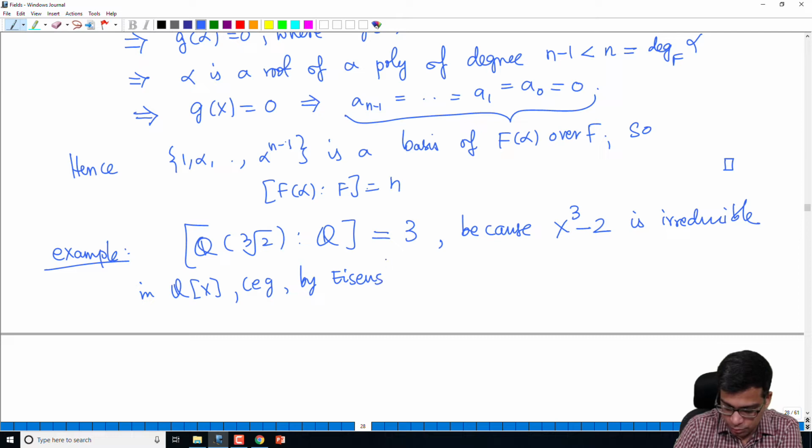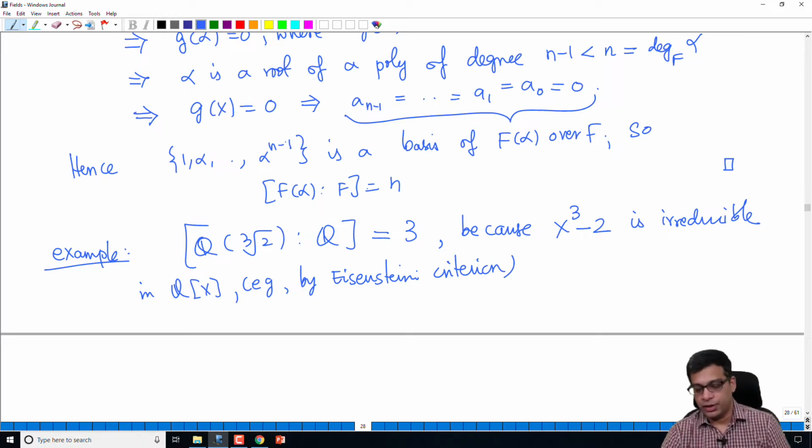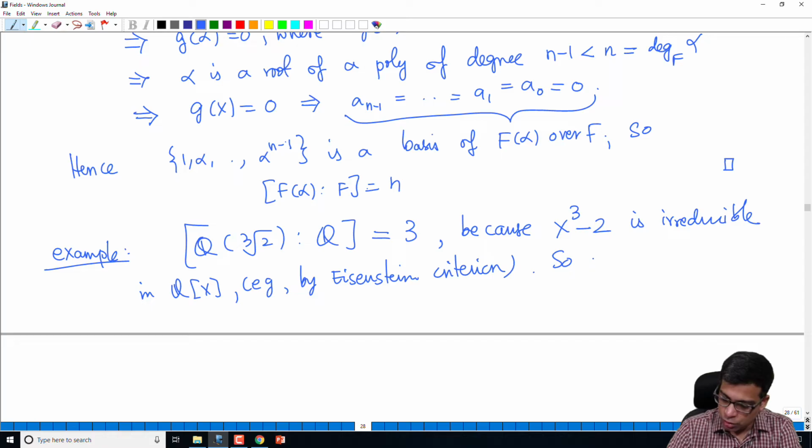Remember, in our ring theory part, we discussed the Eisenstein criterion. To check that this is irreducible, we need to find a prime which divides all the coefficients except the leading coefficient, and such that the square of that prime doesn't divide the constant. Here we have that 2 divides all the coefficients except the leading coefficient, and 2 squared does not divide 2. So this is irreducible.